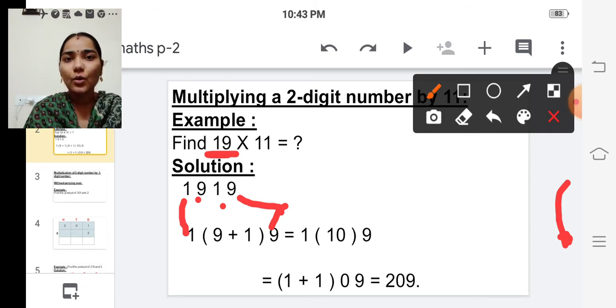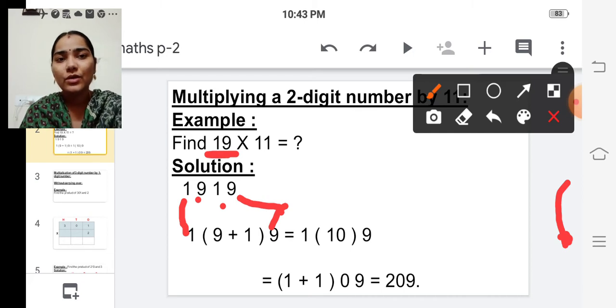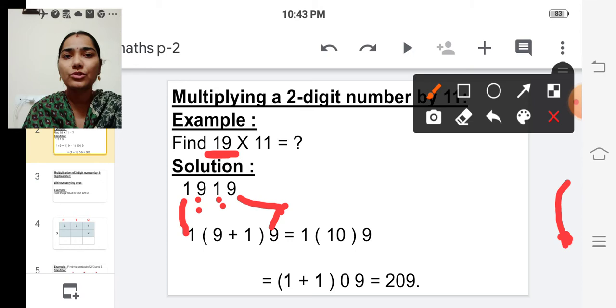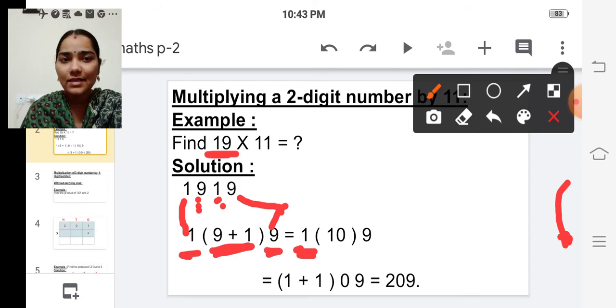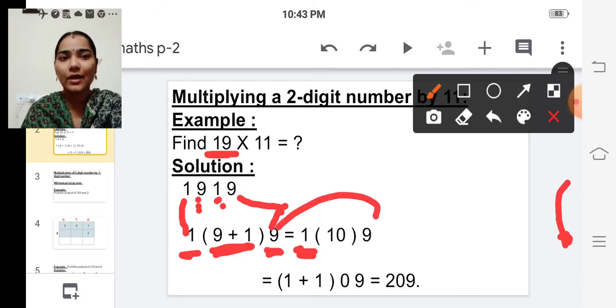And we are going to add the numbers in the middle. Here 9 and 1 are there. So we are going to add this 9 and 1, 9 plus 1. And in the next step, write this 1 as it is in the first place and write this 9 as it is in the last place.